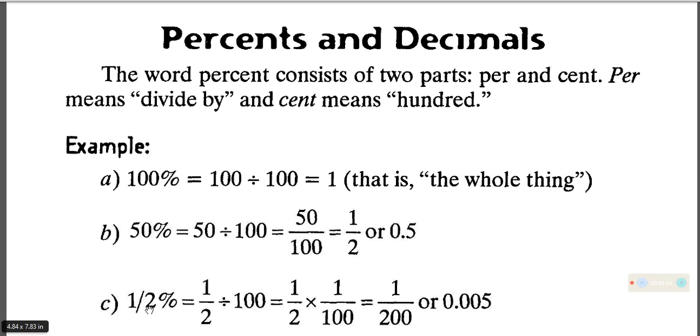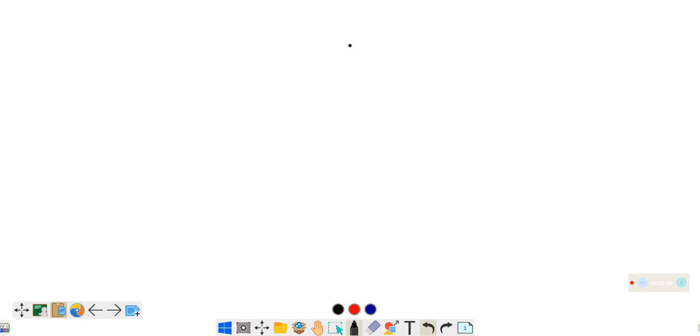So, this is 0.5%. So, 1 half, you are going to divide it by 100. You will end up with 1 half. And then, applying the rules in fraction, you have to multiply it by the reciprocal of its divisor. Para hindi tayo nagkakalituhan, sulat ko siya dito. Kasi gusto ko malinaw.